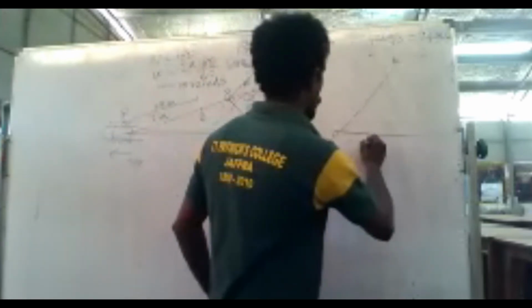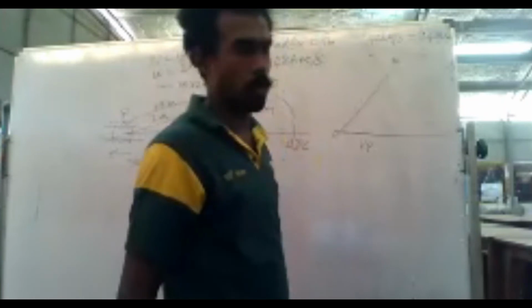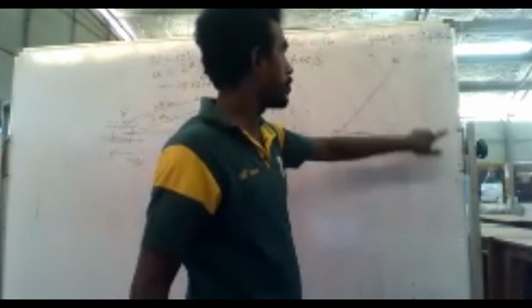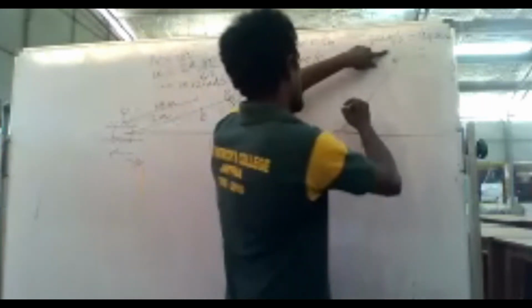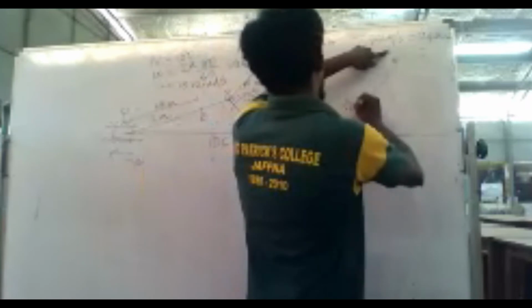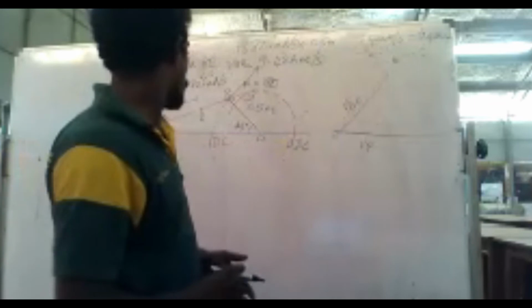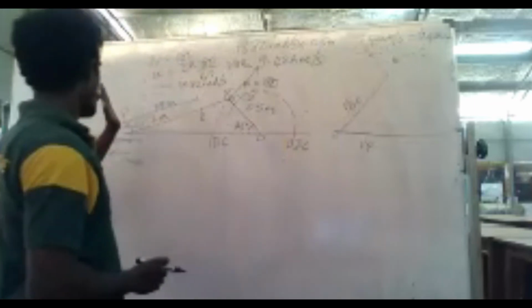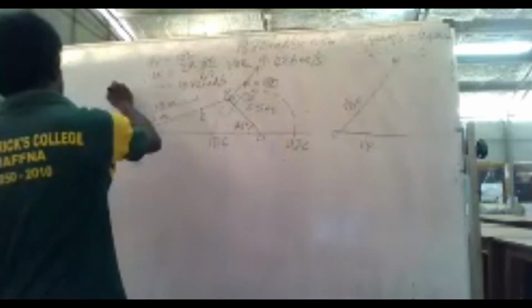So I will mention it as VP, but I don't know where the P is. Somewhere here it must be. And this is B. This I know with magnitude and direction, velocity of B with respect to O. Now I have a connecting rod, which is making an angle like this, right?